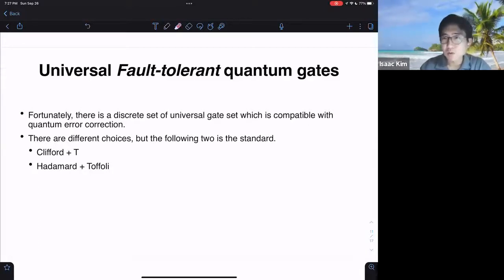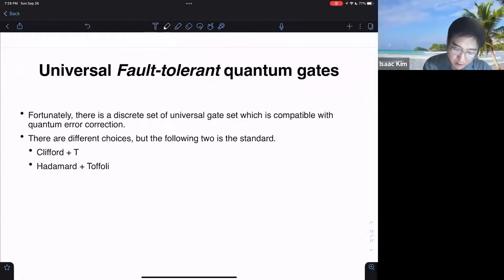One piece of good news is that even though the gate set is more restricted, it is still universal, in the sense that any quantum computation can still be implemented by a sequence of fault-tolerant single and two-qubit gates.